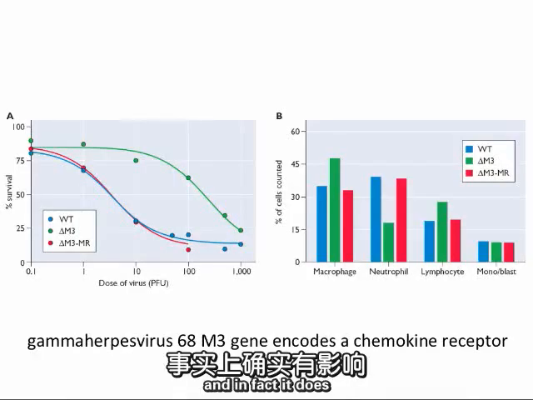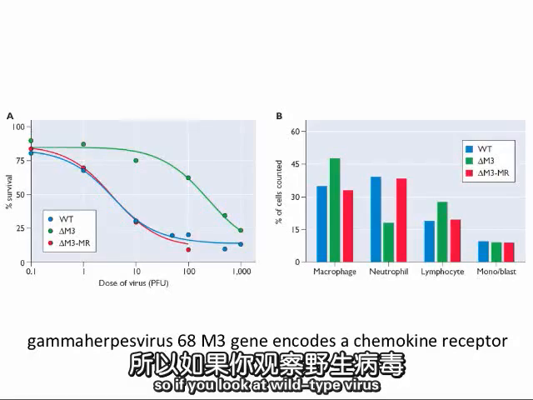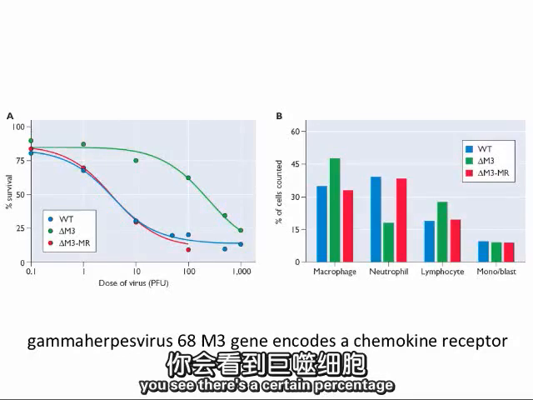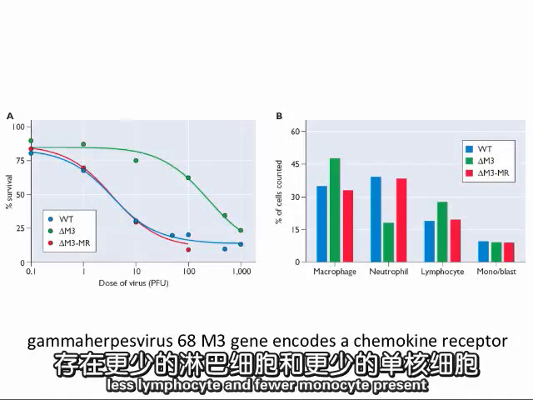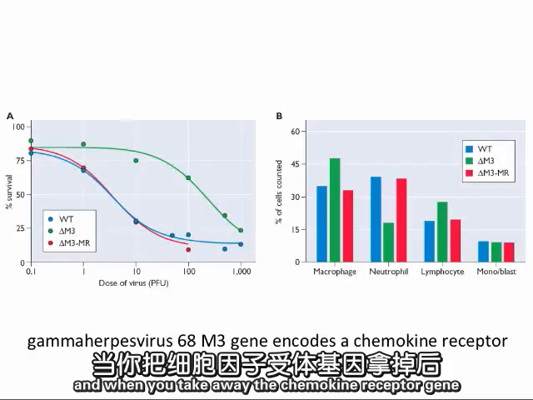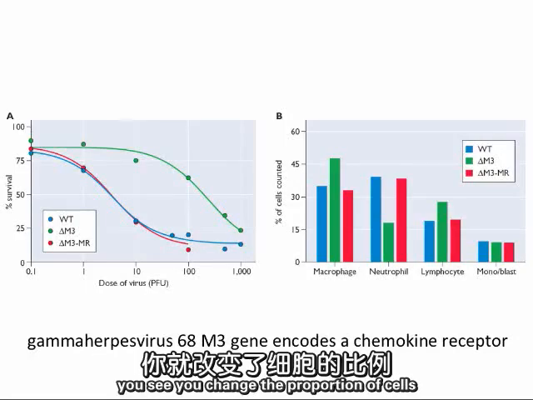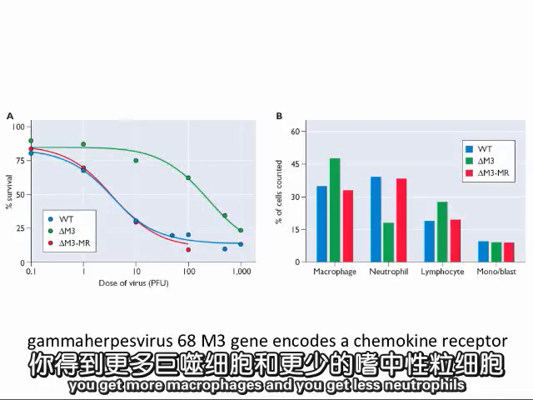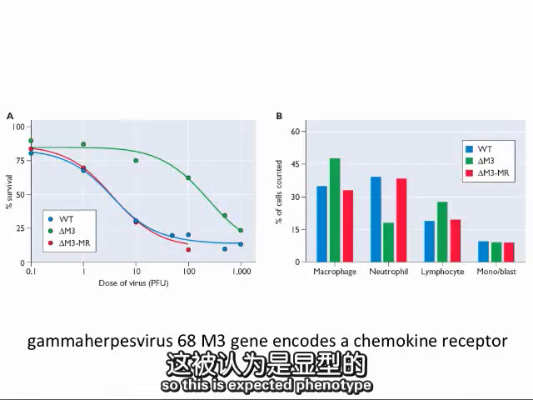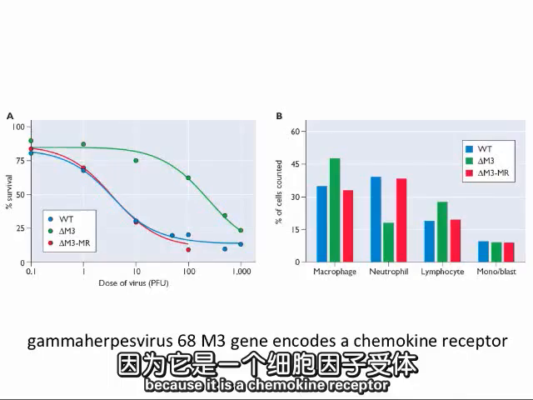And in fact, it does. So if you look at wild-type virus, you see there's a certain percentage of macrophages, neutrophils, less lymphocytes, and fewer monocytes present. And when you take away the chemokine receptor gene, you see you change the proportion of cells. You get more macrophages, you get less neutrophils. So this is an expected phenotype because it's a chemokine receptor.